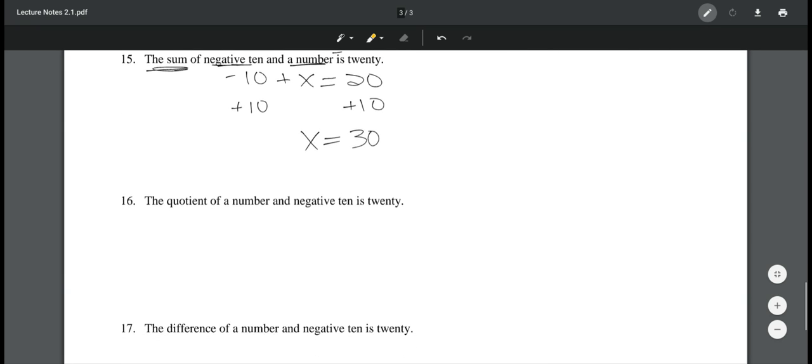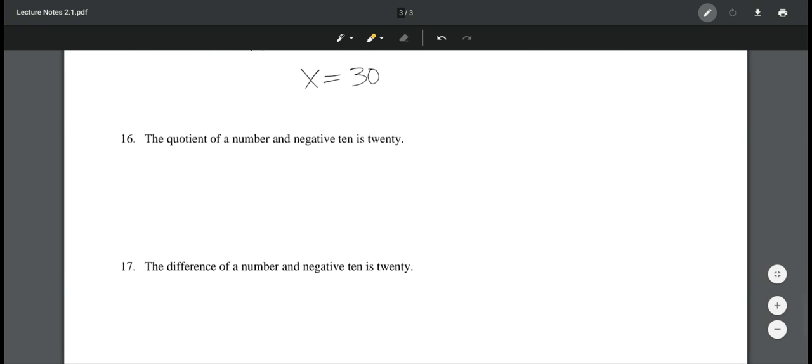In number 16, the quotient, that is a division problem. The quotient of what? x and -10. The quotient of x and -10 is 20. So this time I'm going to use the multiplication property. I'm going to multiply both sides by that denominator, which is -10.